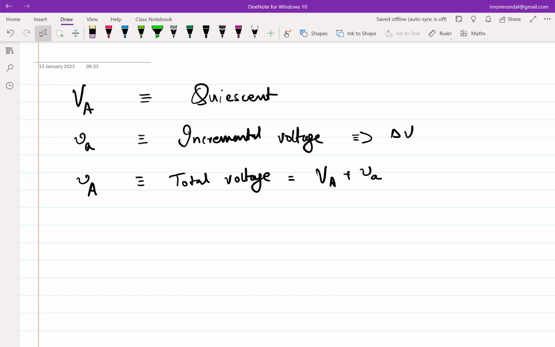So when we say, for example, sinusoidal quantities, we are referring to delta V because it's changing, it's incremental. So going forward, you will see that very often we will interchangeably use delta V and small v.